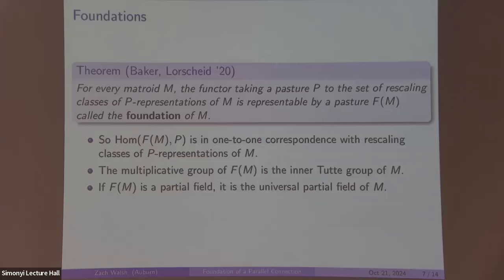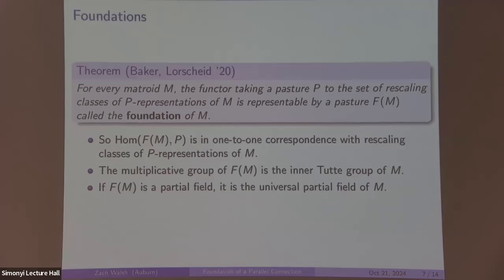In particular, for any pasture P, the morphisms from the foundation to that pasture are in one-to-one correspondence with rescaling classes of P representations of M. So if you want to understand representations of a matroid over any field, partial field, or hyperfield, you should know its foundation. That'll tell you all the information you need.